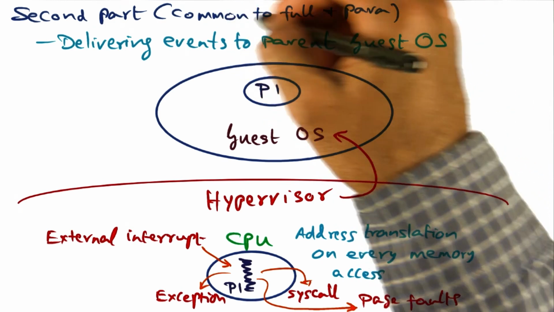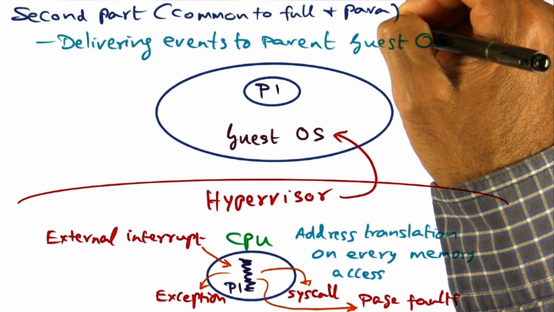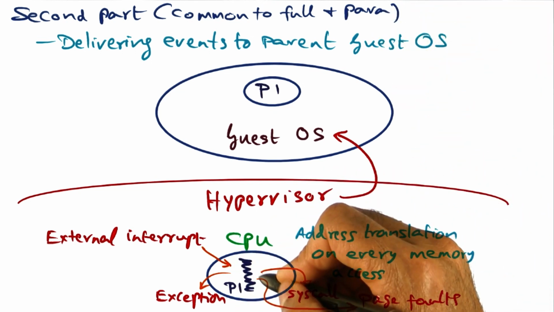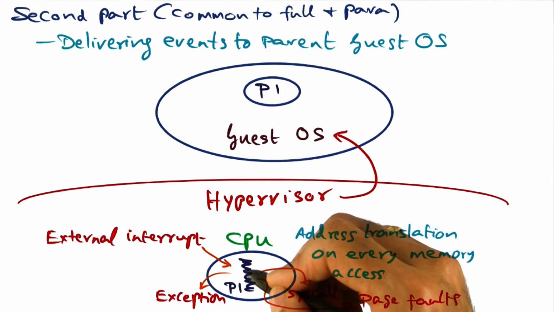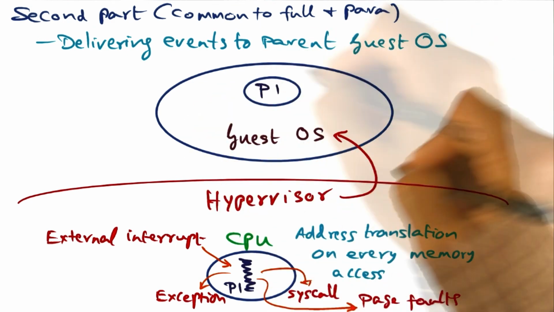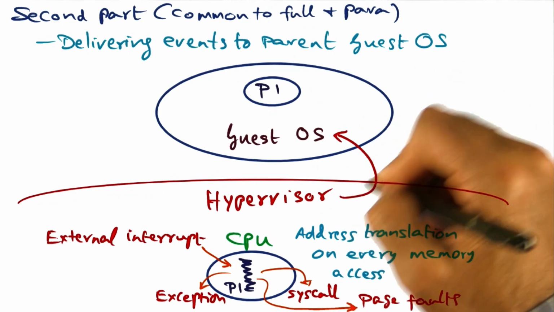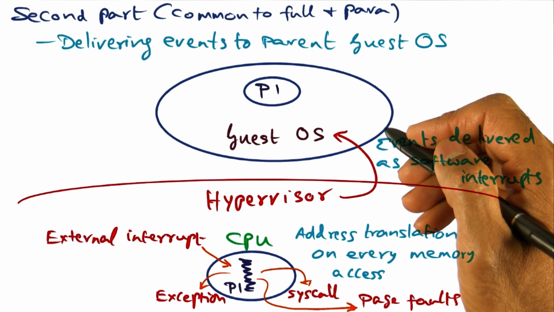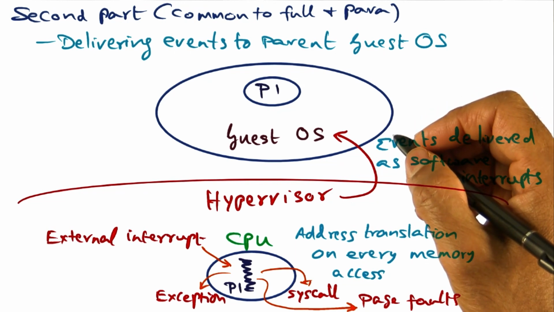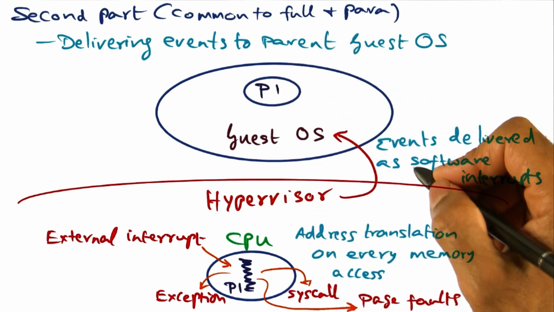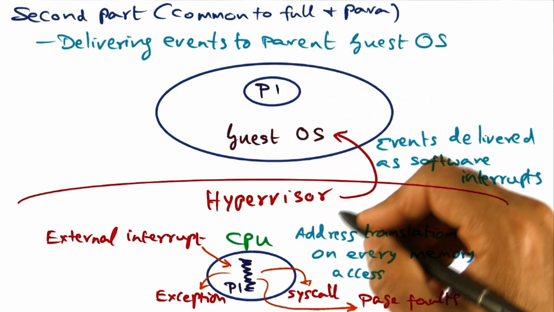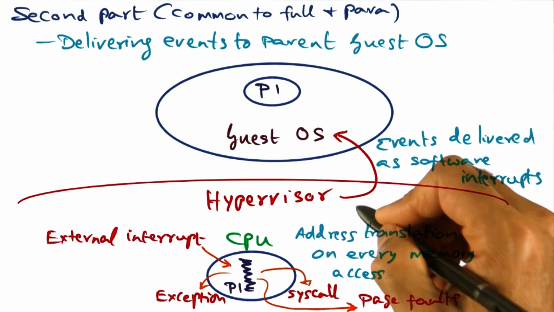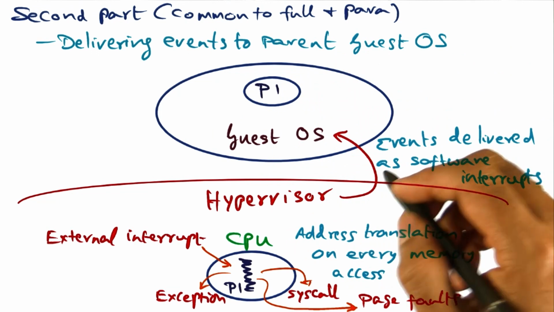So the common issue to both full and para-virtualized environments is that all such program discontinuities for the currently running process have to be passed up to the parent guest operating system by the hypervisor. Whether it is a para-virtualized or a fully virtualized operating system, nothing special needs to be done in the guest operating system for fielding these events from the hypervisor, because all of these events are going to be packaged as software interrupts by the hypervisor and delivered to the guest operating system.